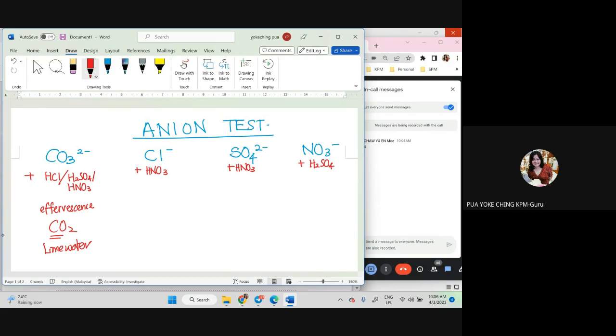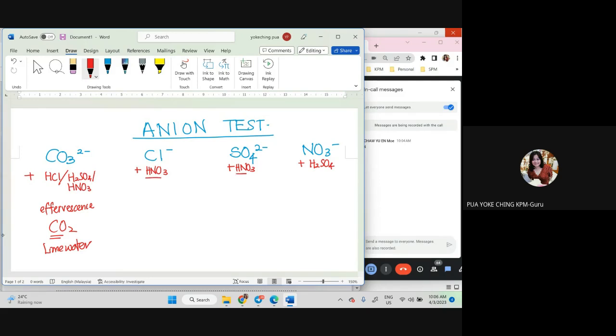Then for Cl minus, untuk test yang seterusnya, kita akan tambah dulu acid dulu. Okay, example, Cl minus, cikgu tambah HNO3 dulu. Ini adalah why we add acid.